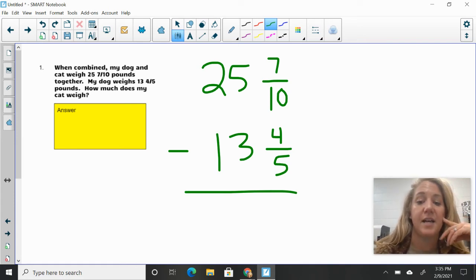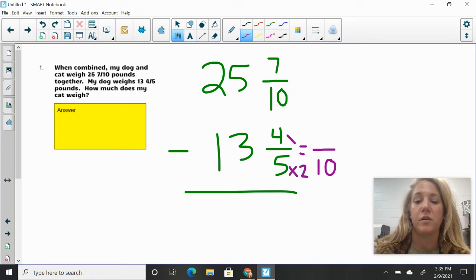If I count by fives, I do say 10. So 10 is a multiple, so I can keep that the same, and I can change 4/5 to tenths. How do I get from 5 to 10 by way of multiplication? Well, I multiply by 2. So I need to do the same for the top, and that's going to give me 8/10.